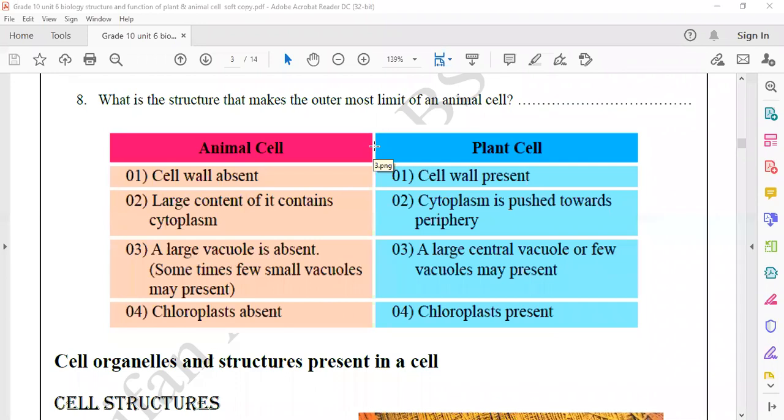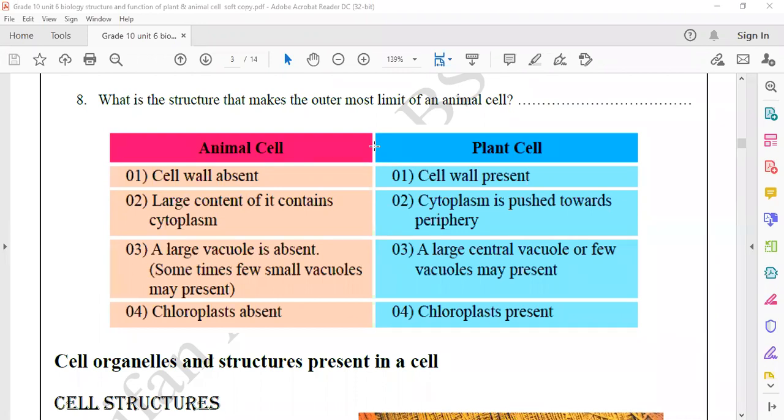Last class, I explained what is meant by peripheral. So don't come and ask me, sir, what is periphery? Okay, peripheral is an adjective.